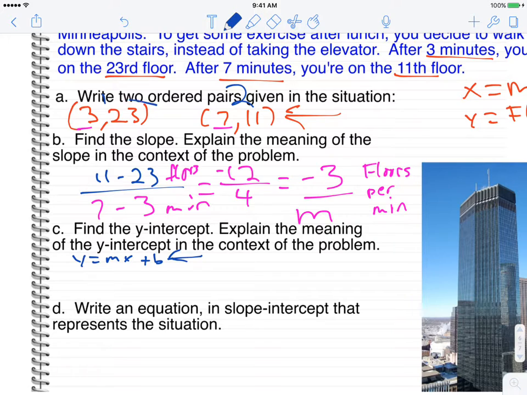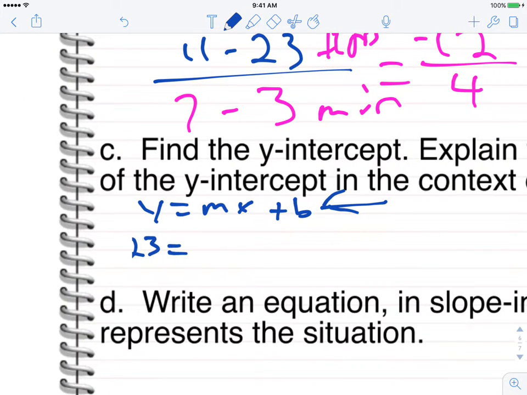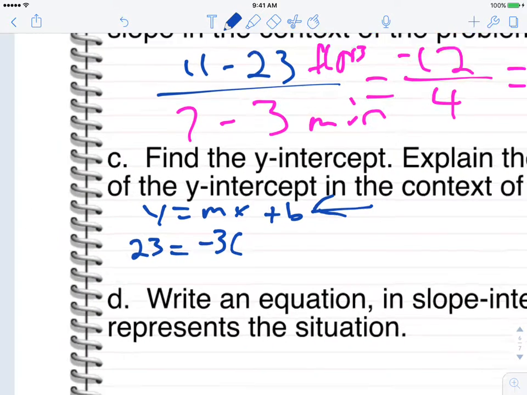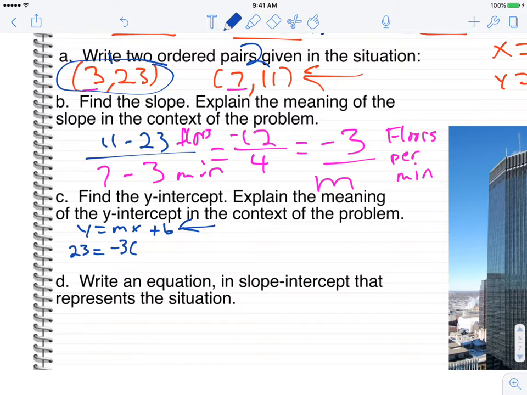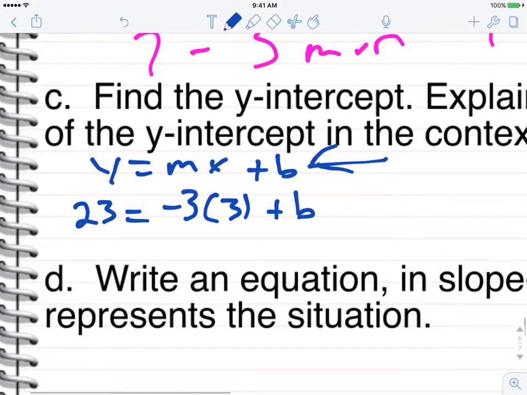So in this case, it probably doesn't matter. I'll just take this one here. I'm going to take the 23 for my y value, my slope, which I found over here, as negative 3, and my x value, which is right up here, that's going to be the positive 3.